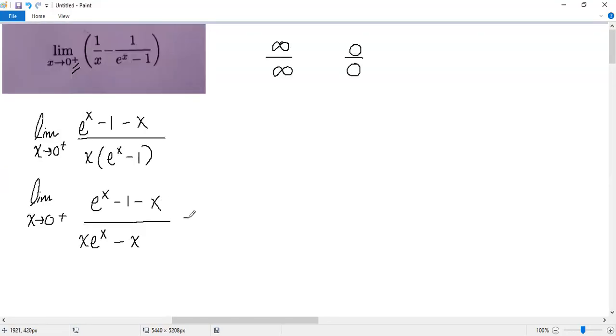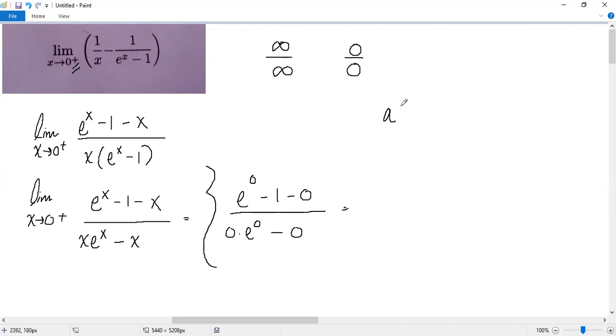And then let me try substituting. And if I substitute and I get these forms, then I'll take the derivative of the top and the derivative of the bottom, and then I'll try substituting again and see where that gets me. So I would have e to the 0 minus 1 minus 0, and I will have 0 times e to the 0 minus 0.